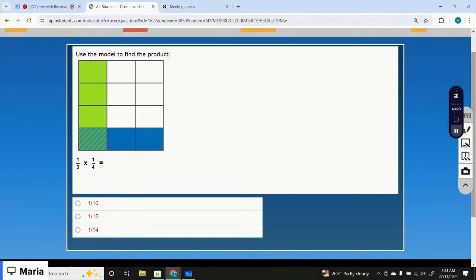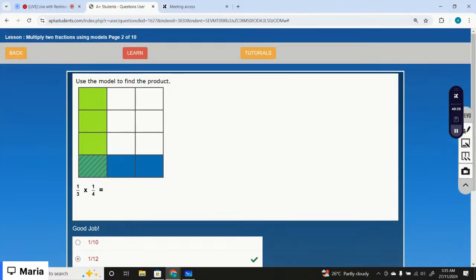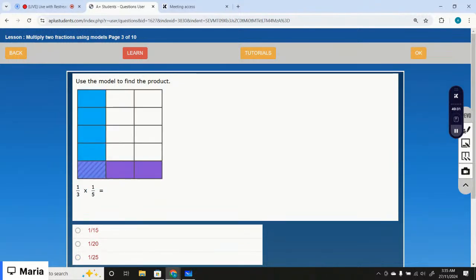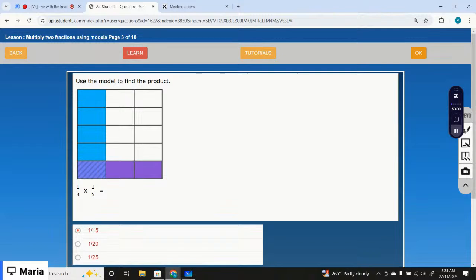Very good. Option number 2 is the correct option. The next one is 1 by 3 times 1 by 5. So which is the correct option? Option number 1 is the correct option. That is 1 over 15. Very good.